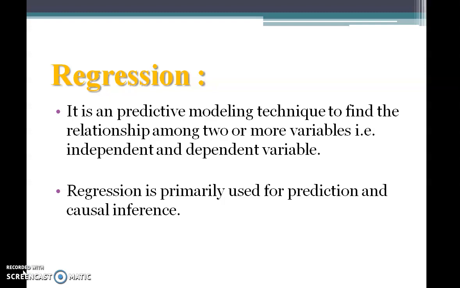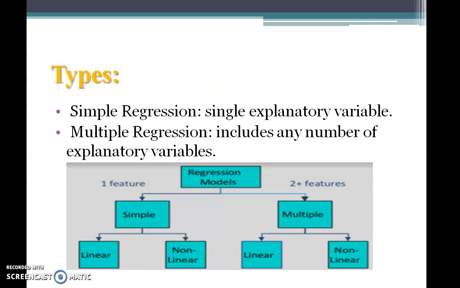For example, we want to find out the sale of bread and butter. We can use regression here to see how the sale of bread is affecting the sale of butter. There are basically two types of regression, simple and multiple regression. As the figure indicates, simple means there are only two variables, whereas in multiple there are multiple variables.